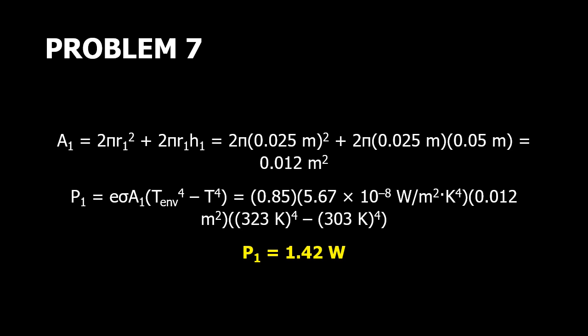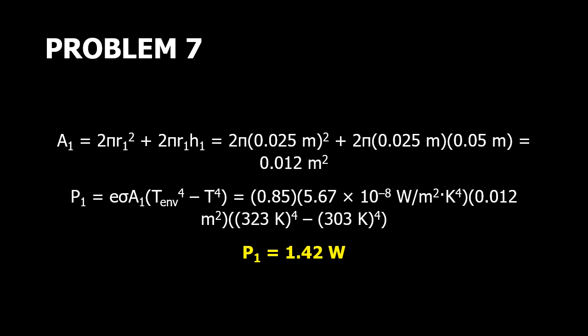In the problem, we are given an emissivity, e, of 0.85, and sigma here is the Stefan-Boltzmann constant, equal to 5.67 times 10 raised to negative 8 watts per square meter Kelvin to the fourth.